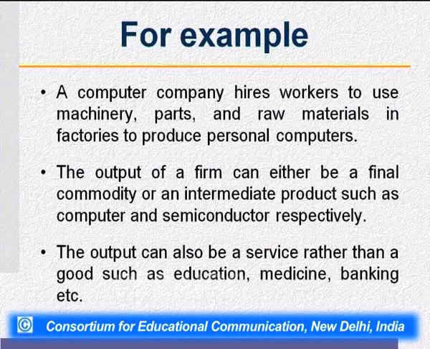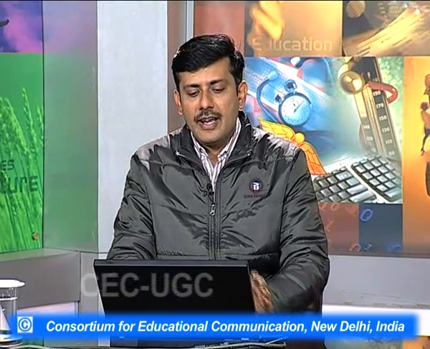I think everybody knows that we have five factors of production, which are very necessary. In this phase, you can see that the output of a firm can be either a final commodity or an intermediate good, such as a computer or a semiconductor. Whatever final output comes after we apply some labor and some capital, we can say this is the final output, and this is called production.